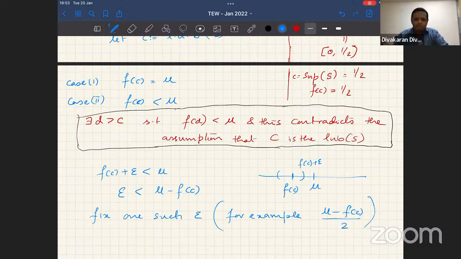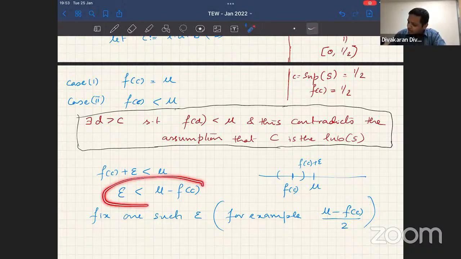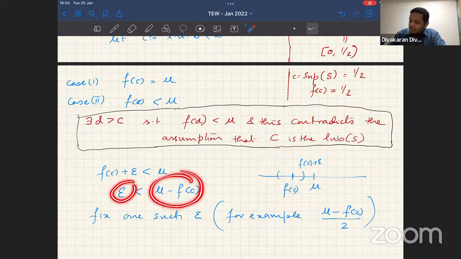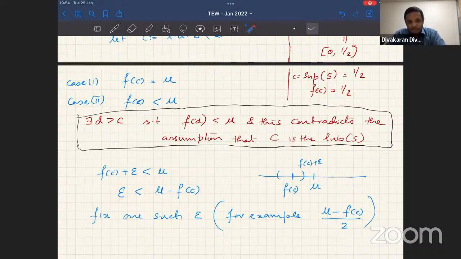That's one example, but it's not necessary that you take this. In fact, many times in textbooks, they always use this particular value, but that's not necessary. Any value strictly less than mu minus f of C would work. And the reason is precisely this picture, which is why we have to take an epsilon that satisfies this condition. Okay, so we take such an epsilon.